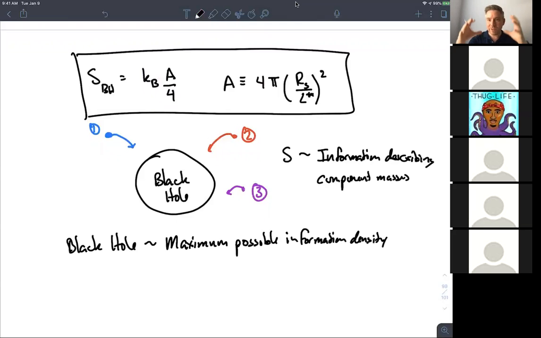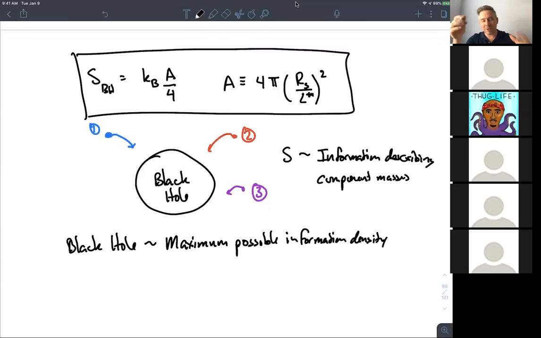In other words, regardless of what a system is made out of, if I think of a system as being made out of a collection of information that describes its possible arrangements, if you take a given amount of information and you cram it in a small enough space, you are going to form a black hole.